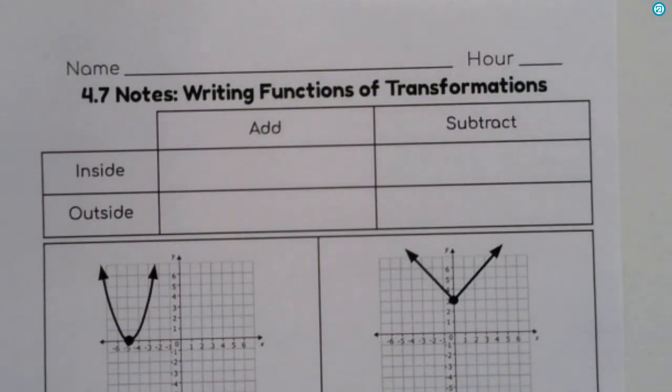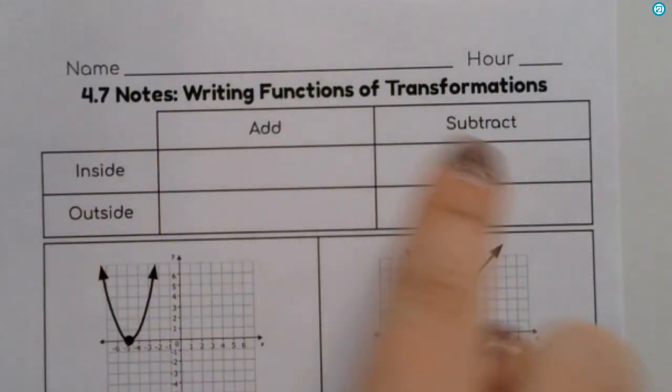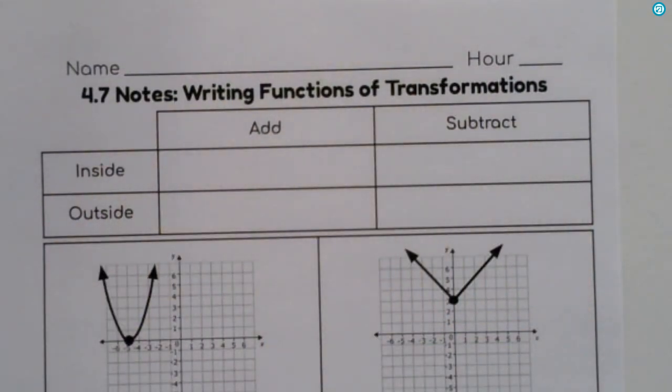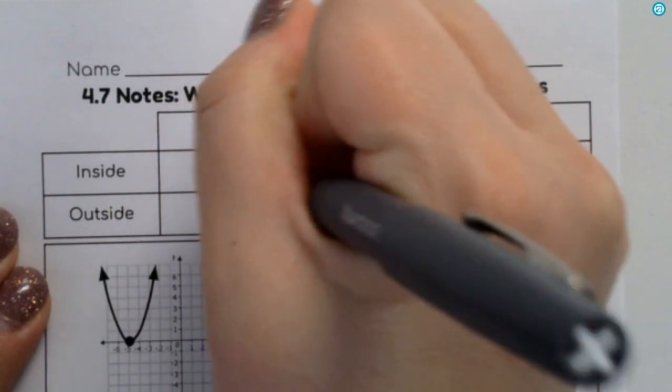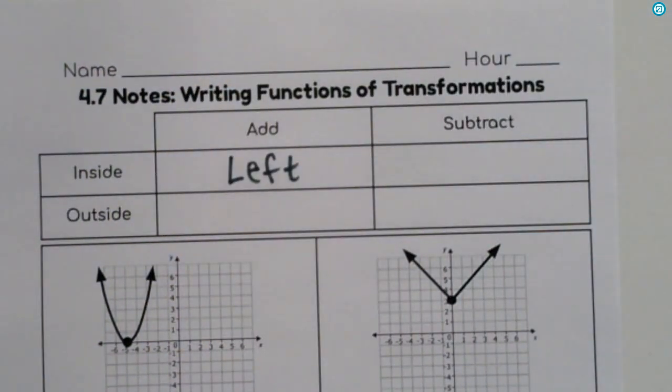Okay, so the first thing that we are going to do is we're going to refill in this table with left, right, up, down. So adding inside moves us left. Subtracting inside moves us right.